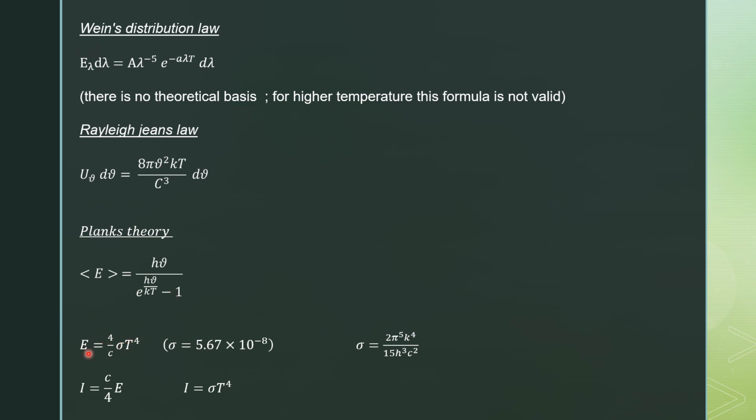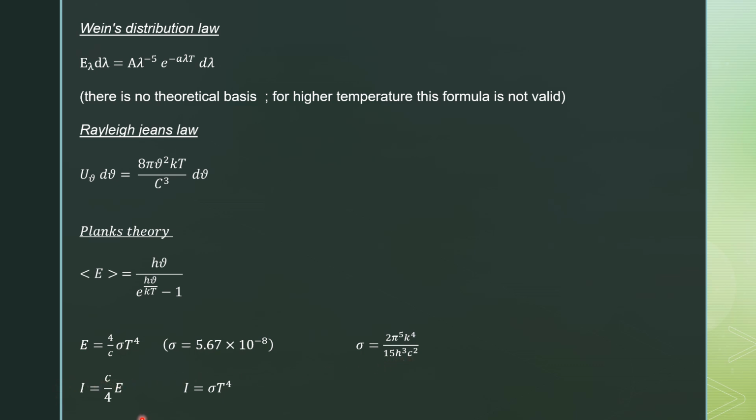Comparing both equations and solving, we can find that E can be written as 4 by c sigma T to the power 4, where sigma is the Stefan's constant, whose value is 5.67 into 10 to the power minus 8. And also sigma can be written as 2 pi to the power 5 k to the power 4 divided by 15 h cube c square.